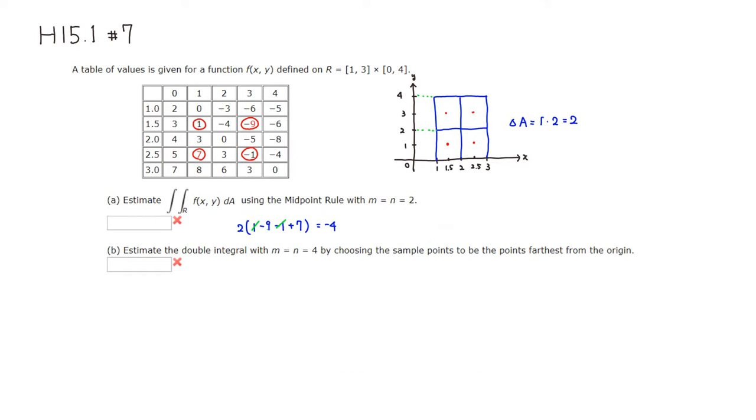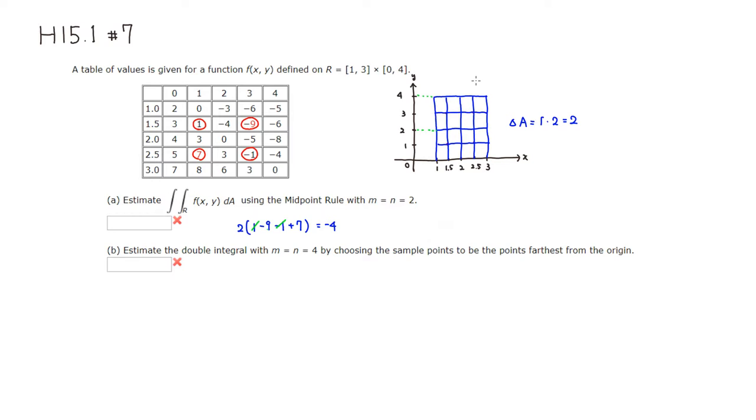In part B, we're going to do the same thing, but this time m equals 4 and n equals 4. And we're going to use the sample points to be the farthest from the origin. So here, this is what we need to do. We're going to have to split that into 16 subrectangles, kind of like that.